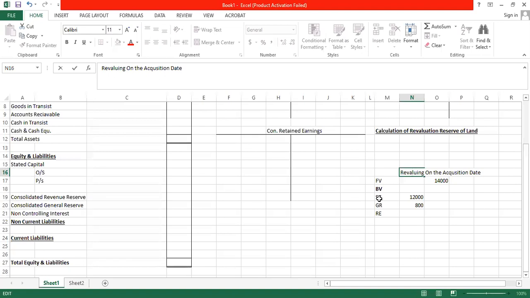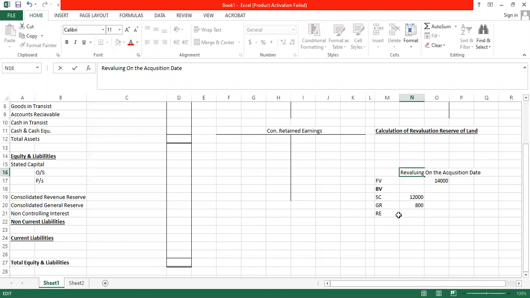But normally at your levels, share issues in between are not given. So it can be the same value, but the reserves can be different.